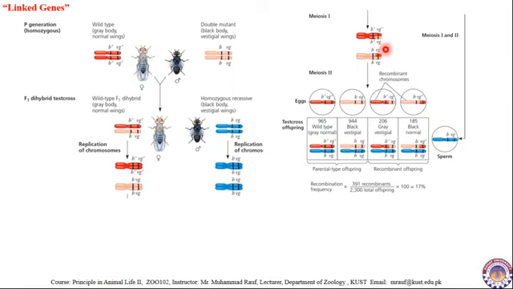So this is the experiment which Morgan performed, and we analyze it on the level of chromosomes carrying genes. This is the homozygous dominant parent, two chromosomes are shown. This is the homozygous recessive parent, two chromosomes are shown, a diploid individual. Now gametes will be formed, and the F1 hybrid will be heterozygous dominant.